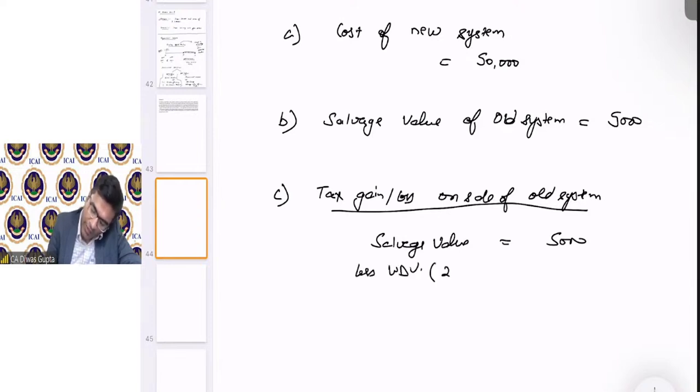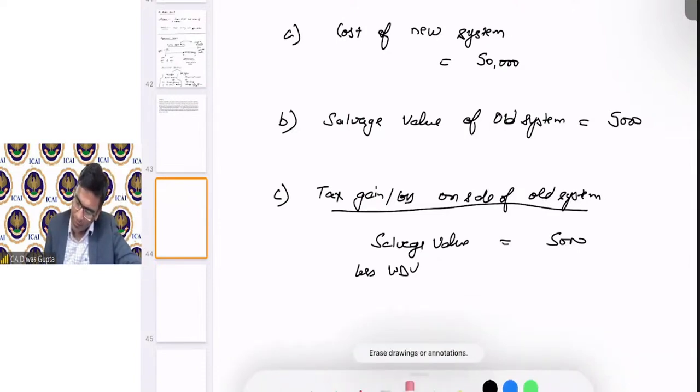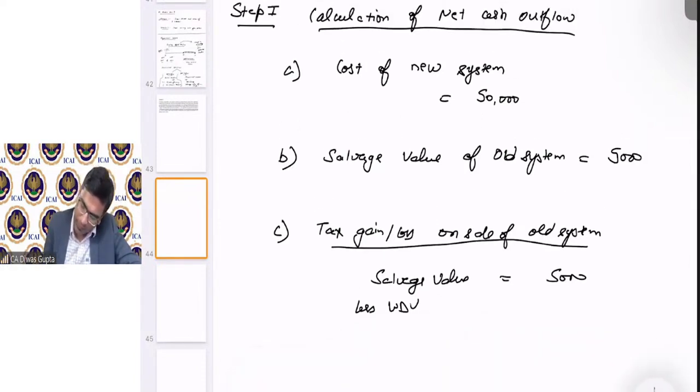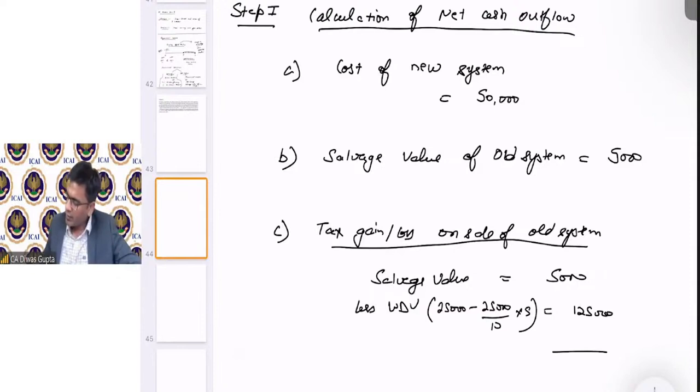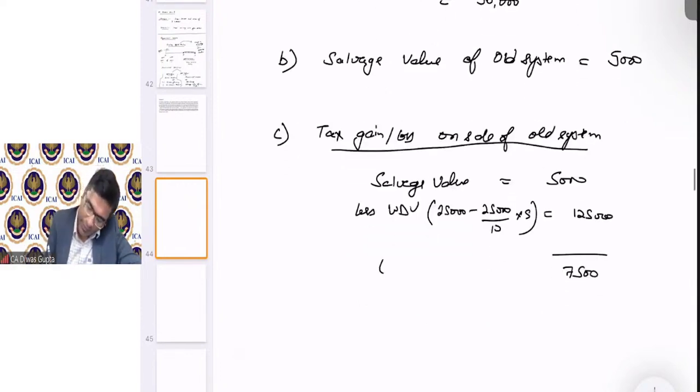WDV was how much? 25,000 for 10 years, multiplied by 5 years, right? So this was 12,500. So the WDV was 12,500. Sold at 5,000. So there is a loss of 7,500. Loss on sale will be this much.